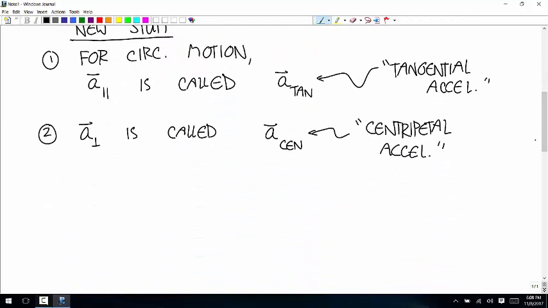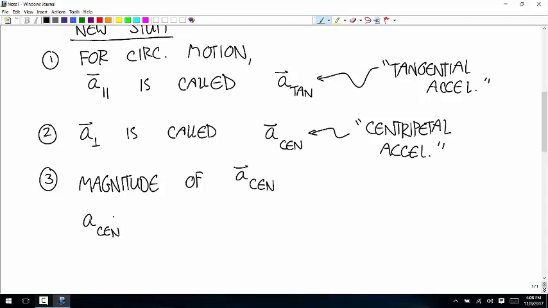And then there's one more thing. This is the only mathematical thing. And that is the magnitude of a centripetal. I'll call it just the scalar a centripetal, is equal to the speed of the object squared divided by the radius of the circle.